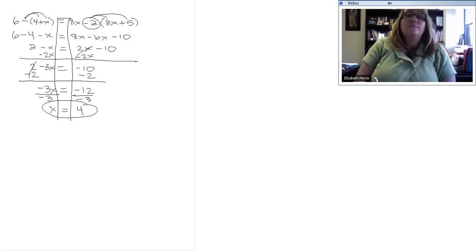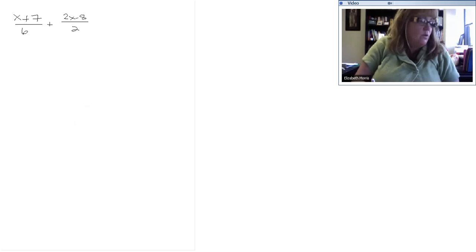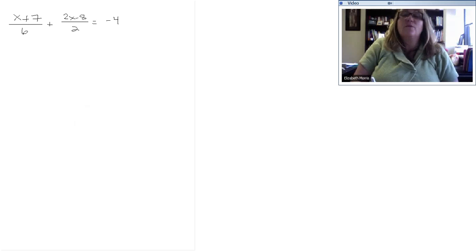Now, the trickier ones come when they look like this. x plus 7 over 6 plus 2x minus 8 over 2 equals negative 4. We're dealing with fractions.